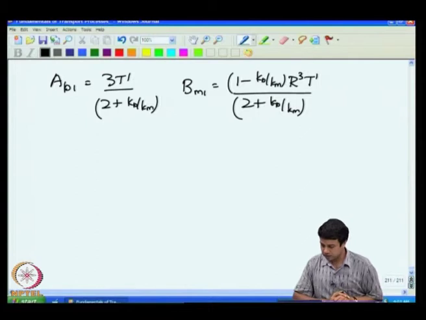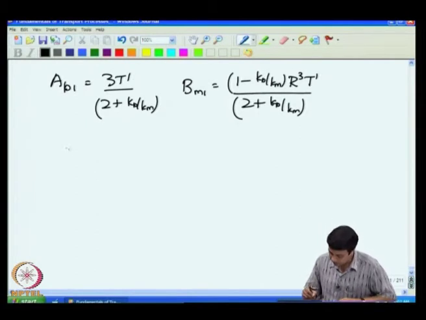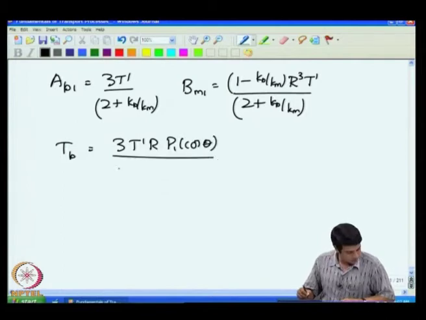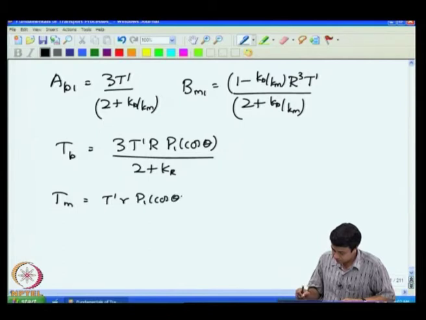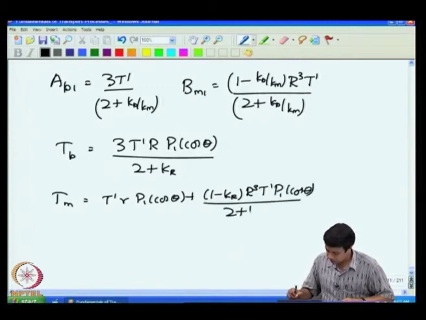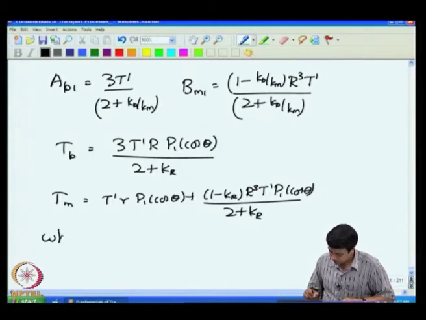Okay, so this is in the particle and that is in the matrix. That means that the temperature field in the particle is equal to 3 T prime r P1 of cos theta by 2 plus Kr, and T in the matrix is equal to T prime r P1 of cos theta plus 1 minus Kr r cubed T prime P1 of cos theta by 2 plus Kr, where Kr is equal to the ratio of the conductivities of the particle and the matrix.